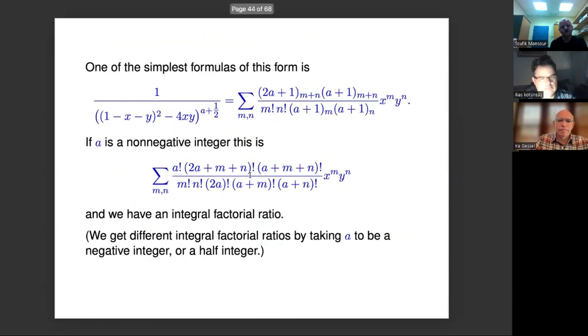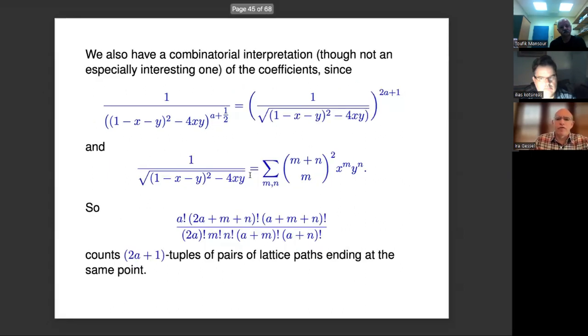We also can get integral factorial ratios by taking a to be a negative integer or a half integer. We get formulas, they're not quite so nice, but we get other integer factorial ratio formulas. Because in this case, when a is a non-negative integer, we have an integer power of something that we know explicitly what it is.